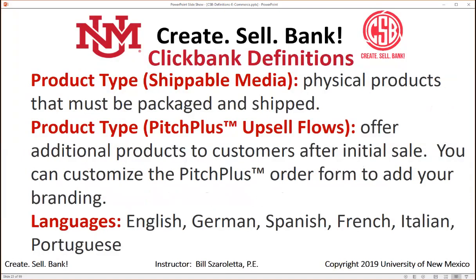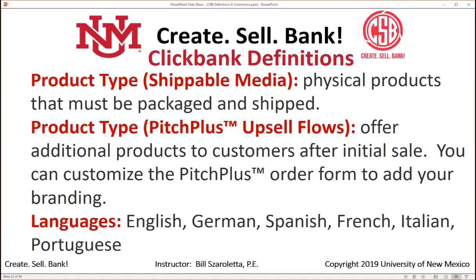Now, they have multiple product types: shippable media, and these are physical products that must be packaged and shipped, and they have products that you can download. Then they have what's called Pitch Plus upsell flows, and that's the ability to offer additional products to customers after the initial sale.